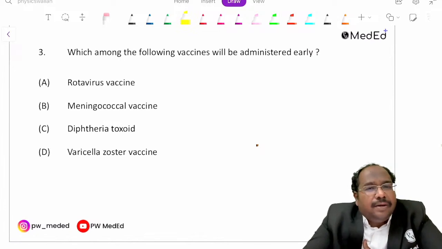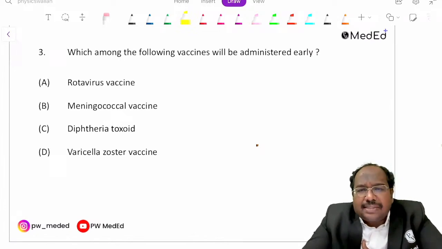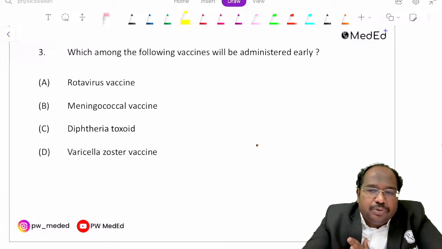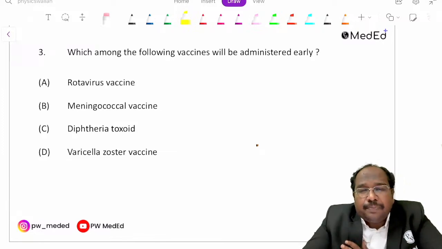Third question. Which among the following vaccines will be administered early? Every exam, the important topics usually for an INI exam is you will get more amount of questions from biostatistics, and nowadays it has become less actually. Biostatistics, epidemiology, screening. These are the concept based topics.